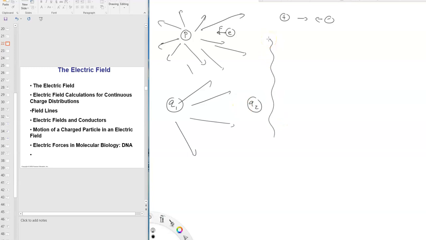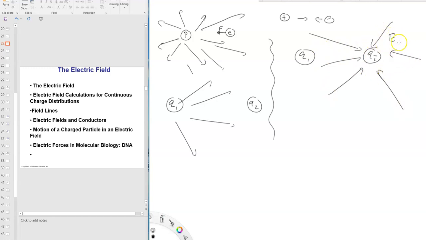Now you can look at the reverse of this. So you have two charges Q1 and Q2. You want to find the force on Q1. So we should look for what kind of field Q2 is creating. So Q2, let's say this is a negative charge. So it creates an electric field pointing towards it.